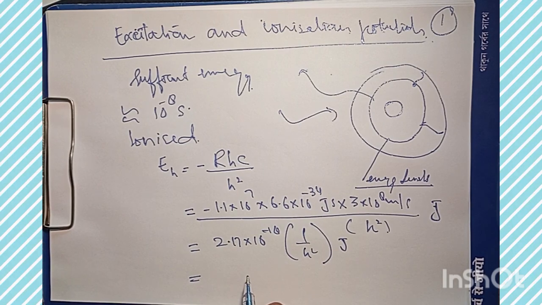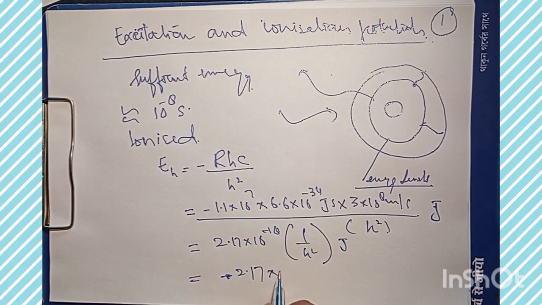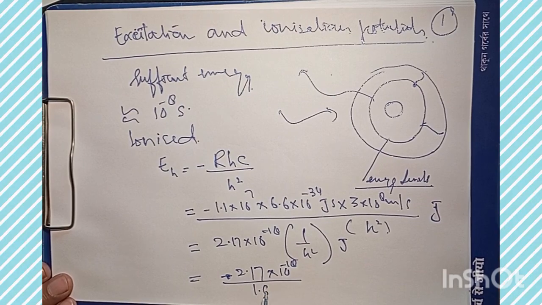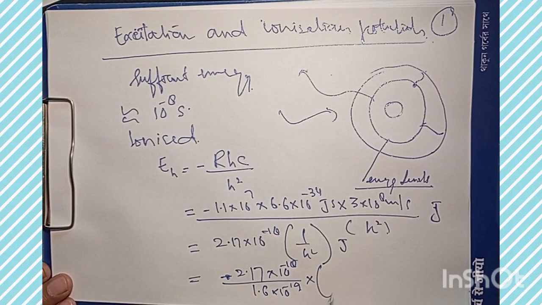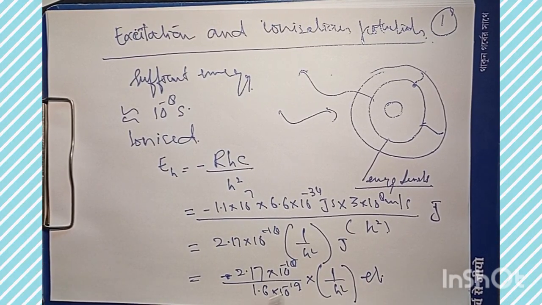So that is 2.17 times 10 to the power of minus 18 by 1.6 times 10 to the power of minus 19 times 1 by n square electron volts.